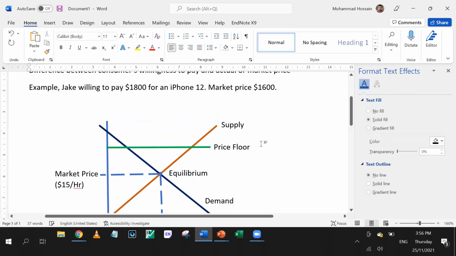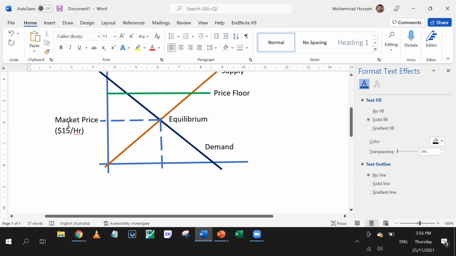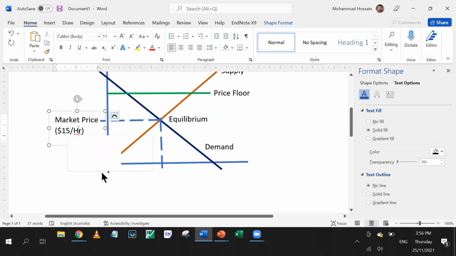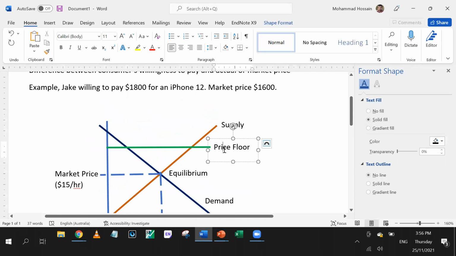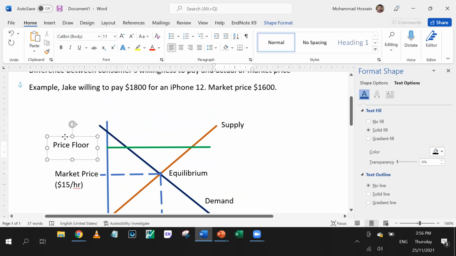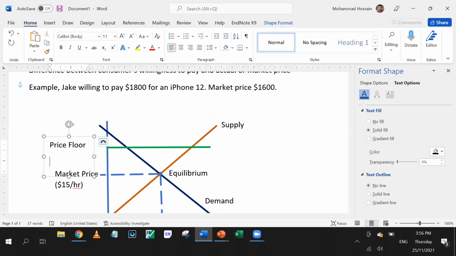But the government finds that this is too low, and says, no, you have to pay a minimum of, let's say, $20 per hour.